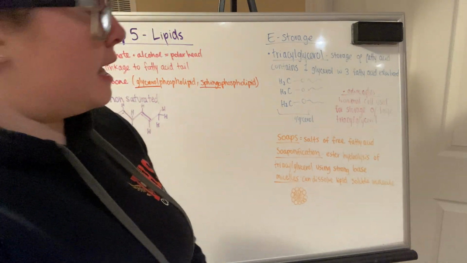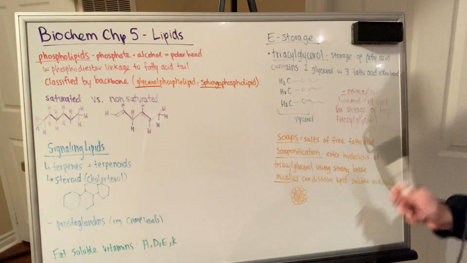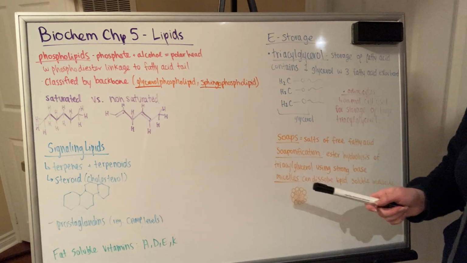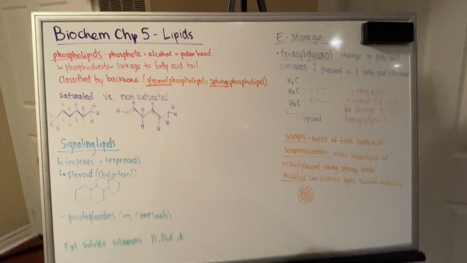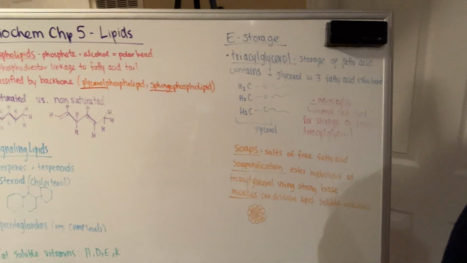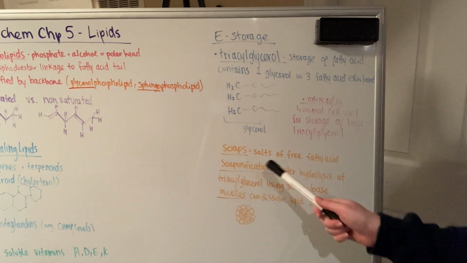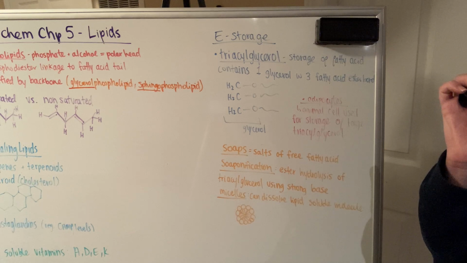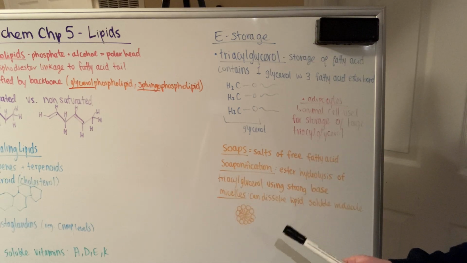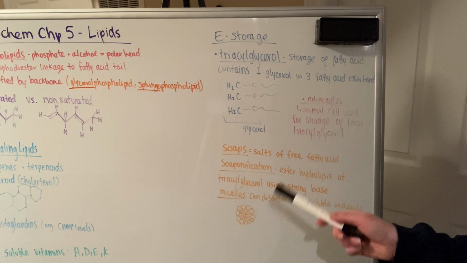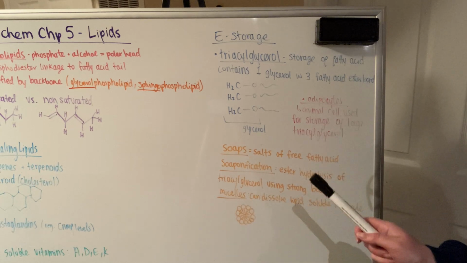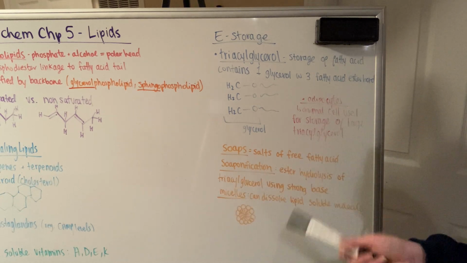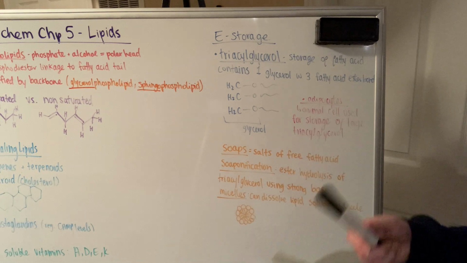Okay, adipocytes. Then we have over here, we have our soaps. I believe I can move this closer at this point. All right, we have soaps, which are salts of free fatty acids. We have saponification, which is the ester hydrolysis of triacylglycerol using a strong base.